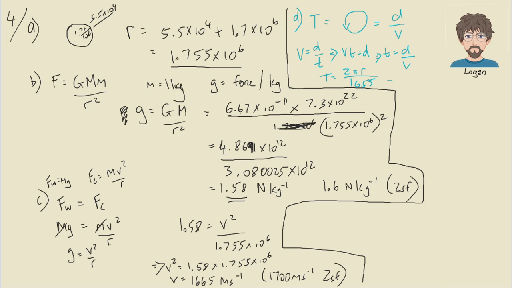1655, and it's 2 times 3.14 times 1.755 times 10 to the power of 6 divided by 1655. Another great piece of calculation to do. 2 times 3.14 times 1.755 exponent 6.